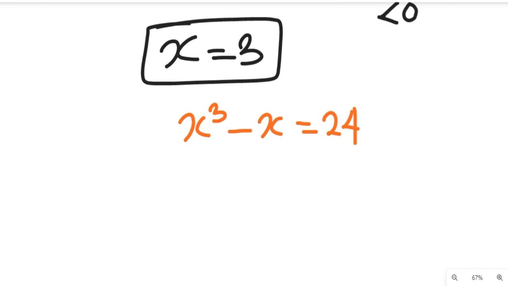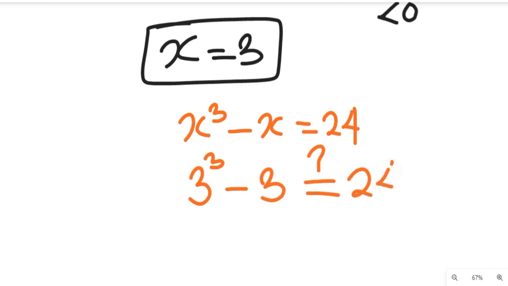So let's check if our solution can be very correct. So if we do that, remember x is equal to 3. We have our 3 to the power of 3 minus 3. Will it give us 24? 3 to the power of 3 is going to give us 27. So 27 minus 3 is equal to 24.